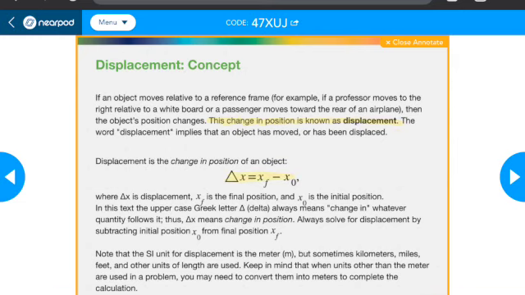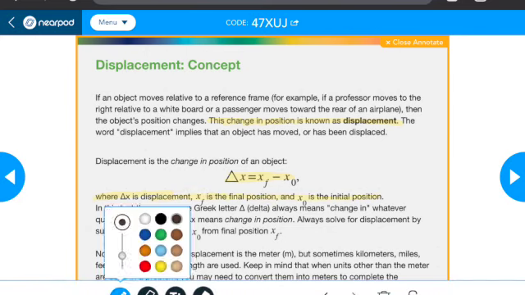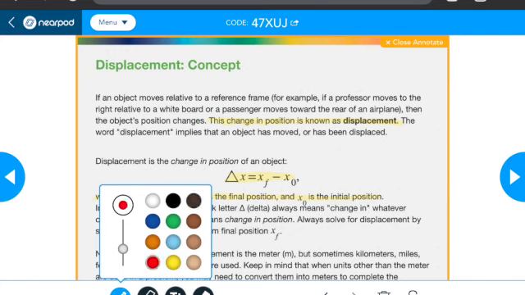And so there's a formula for that. So bringing in our good friend, the Greek letter delta, to represent change in. So change in x, or change in position, is equal to the final position minus the initial position. So we use that symbol 0 as our subscript for initial instead of i, because i is used too many times already.